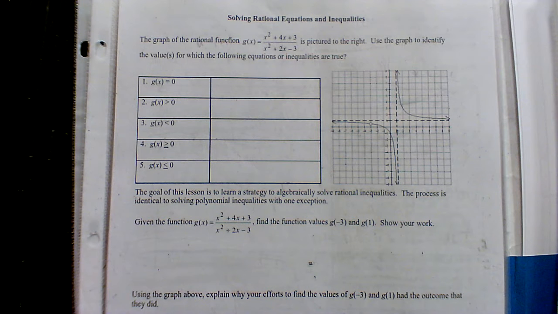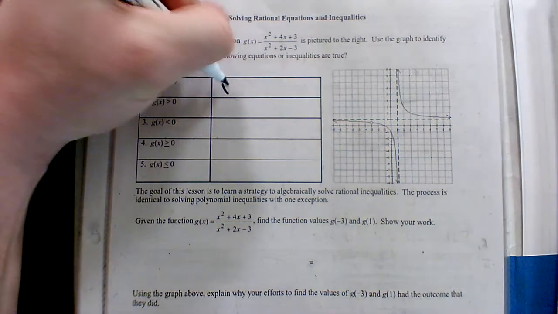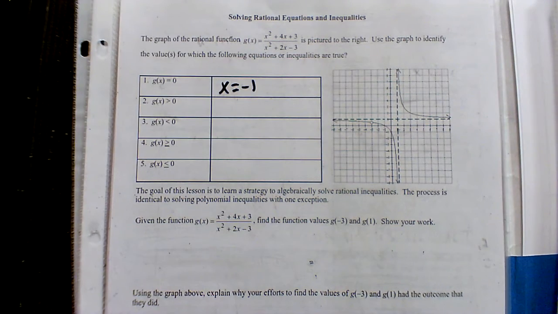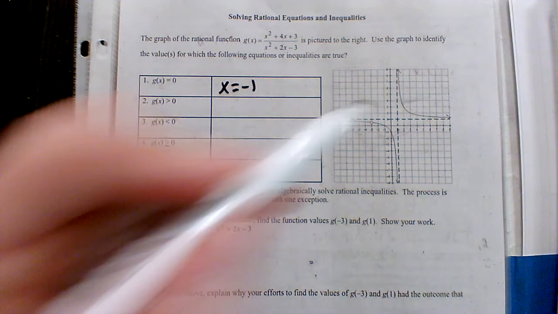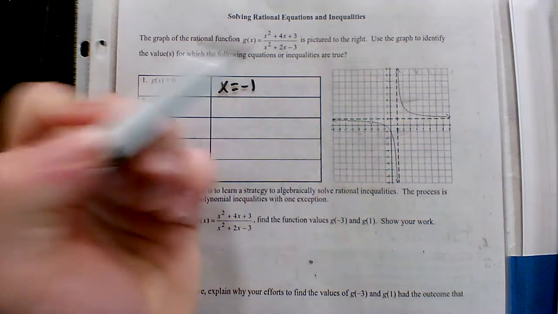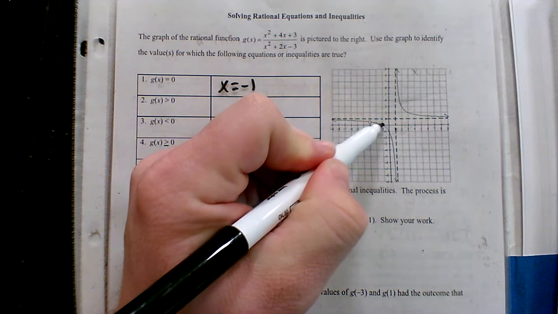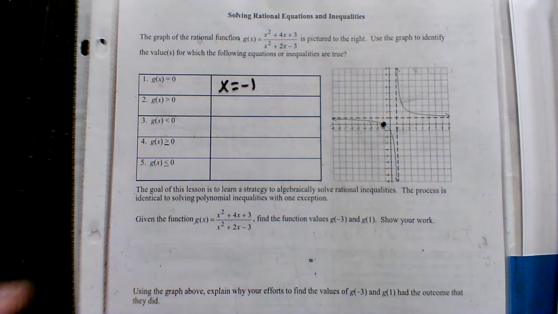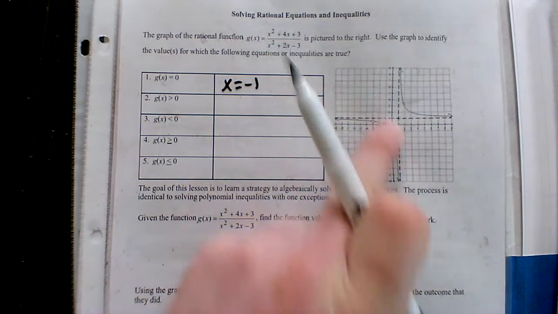What x value is the equation equal to 0? Yeah, x equals -1. Right there is where she found that point. So we see the equation's equal to 0, the x value was -1 there. Okay?